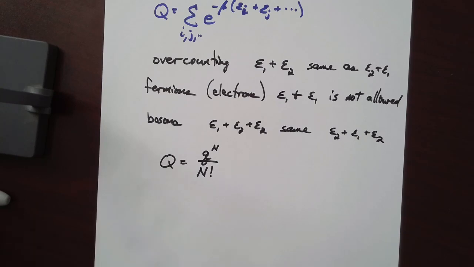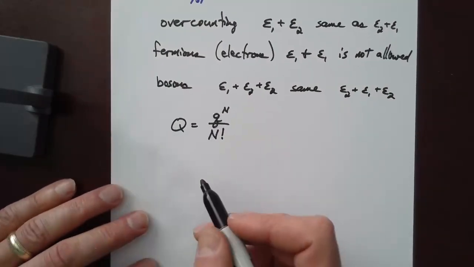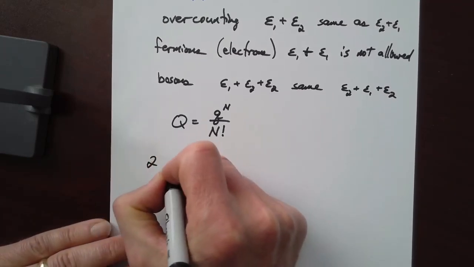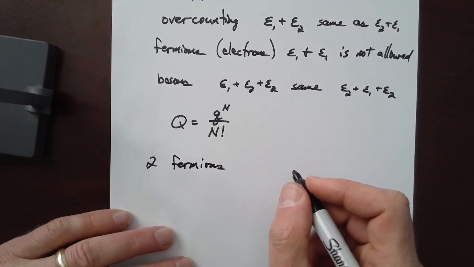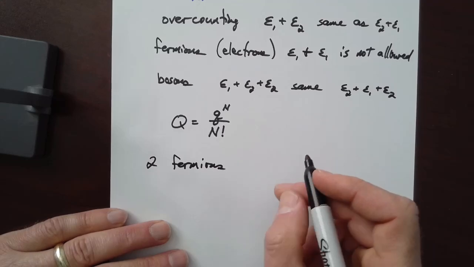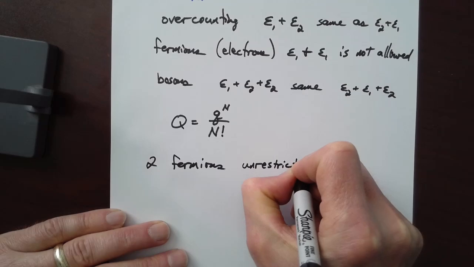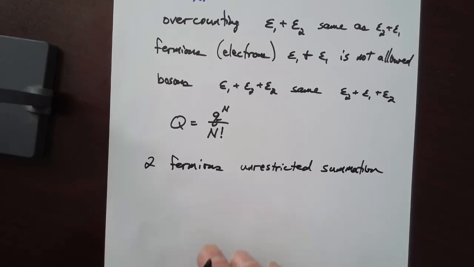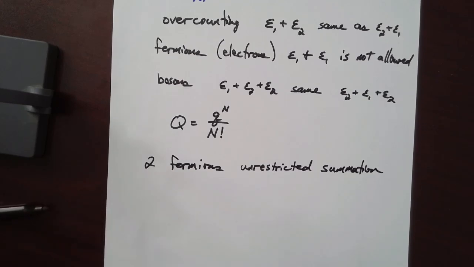So let's look at a quick example, just so that we can get an idea of this. Let's consider a two-particle system, two fermions. And then we're going to have an unrestricted summation. Okay, so if these two fermions only have two states, let's consider the simplest example.